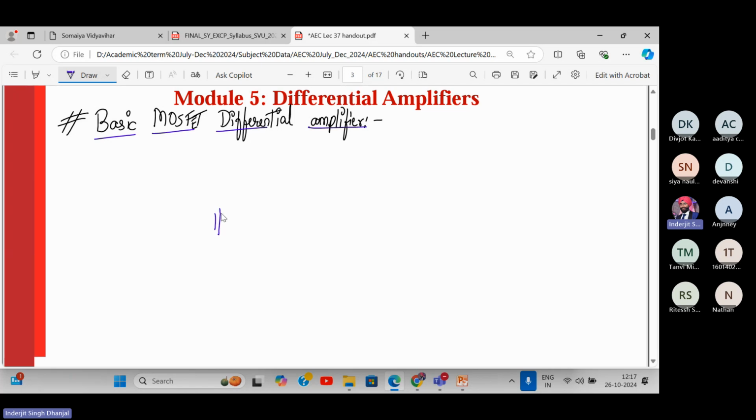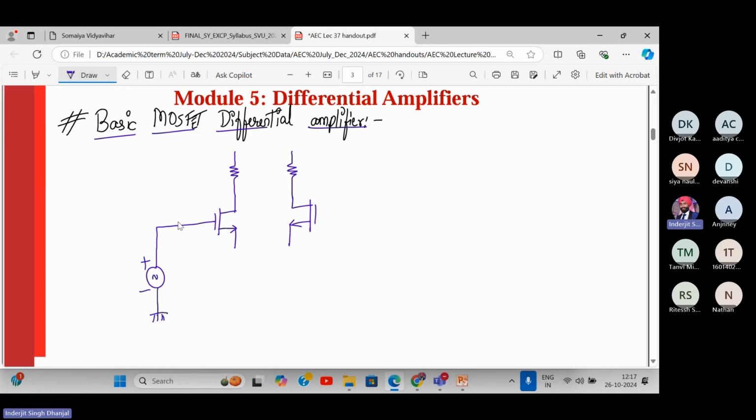So first we take the MOSFET like this. Now we mirror image the MOSFET here. Okay. Now we connect a drain resistor in both the places. And at the gate terminal, we apply the inputs. So one input will go over here.